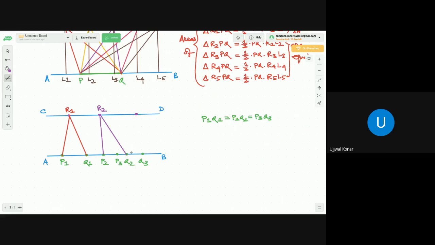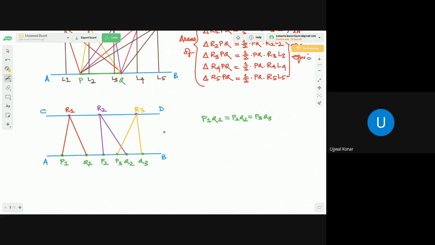Then we get the triangle R2 P2 Q2. And the third one, let me draw in yellow color. Here I'm making R3, so R3 to P3 and R3 to Q3.